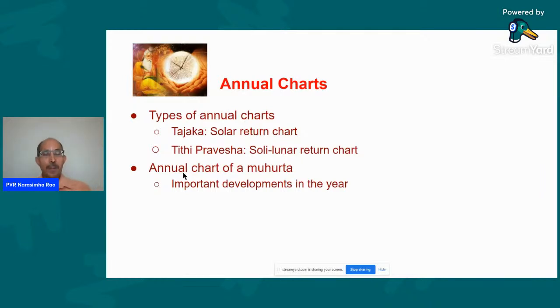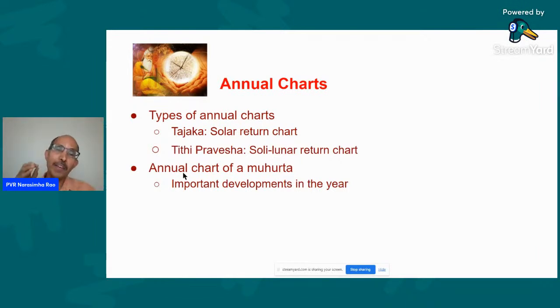Now, what is the purpose of this? Well, there are a couple of different purposes. One is, suppose you don't have somebody's birth chart. Some people don't have their birth time recorded. So in that case, you can't really make a birth chart and see the destiny of the person. But if you are interested in their marriage, or their career, etc., and you have a muhurta, when somebody started a job, or when somebody got married, but you don't have their birth chart, you can make those charts and see those areas of life.